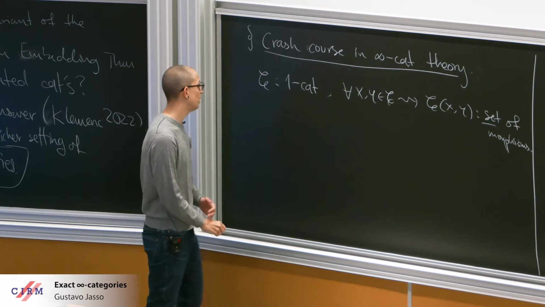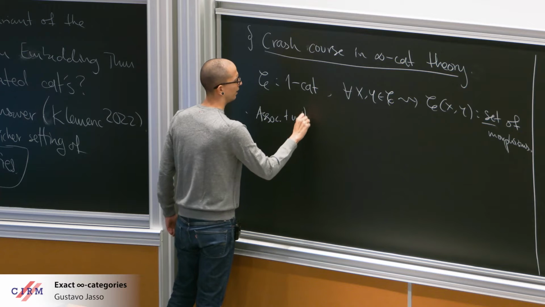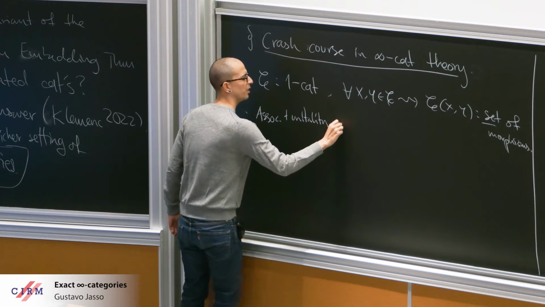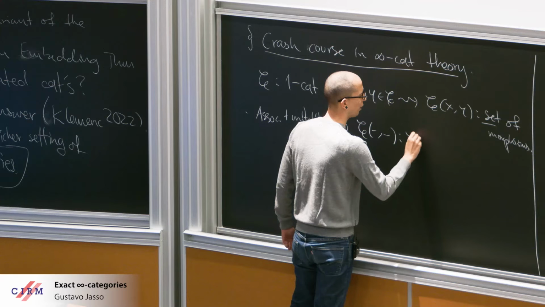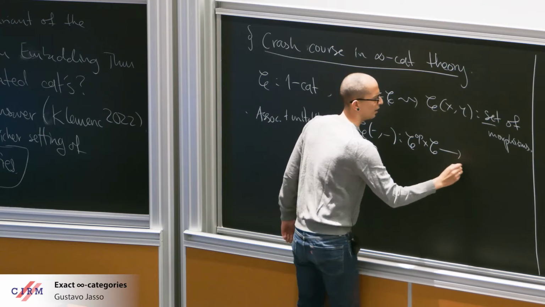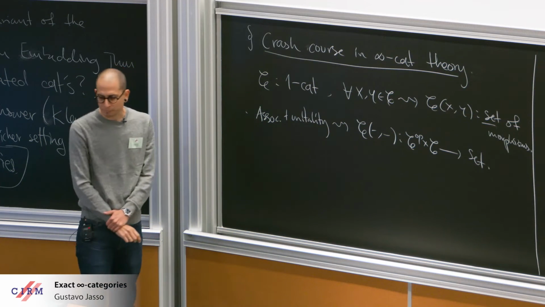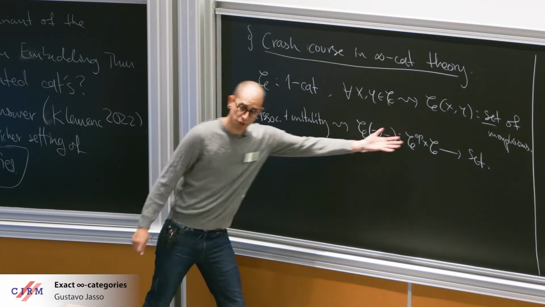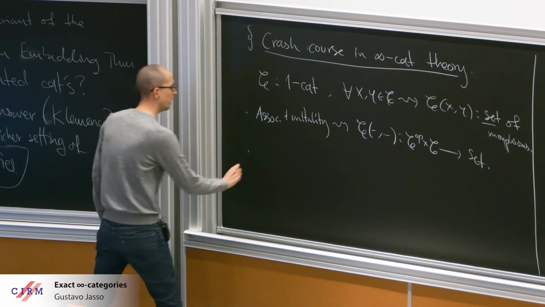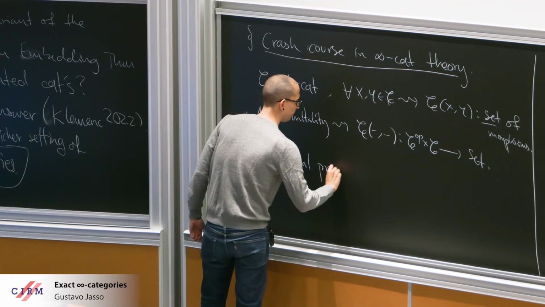And the associativity and unitarity constraints in C essentially translate to the fact that these sets are functorial in C. This is a very useful thing because using these hom functors, we can formulate universal properties.